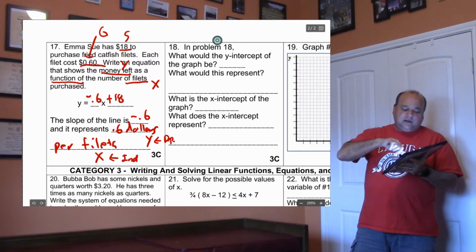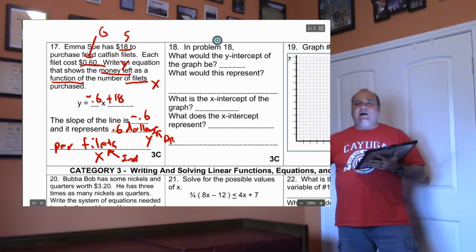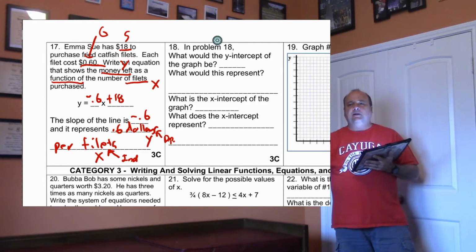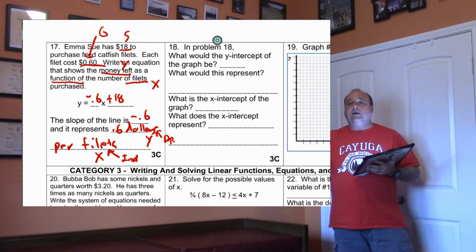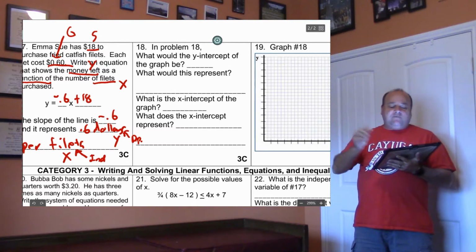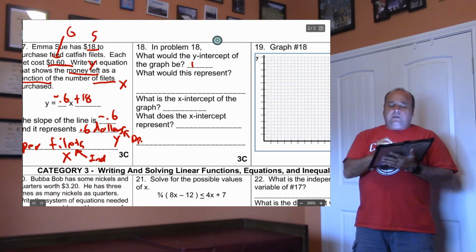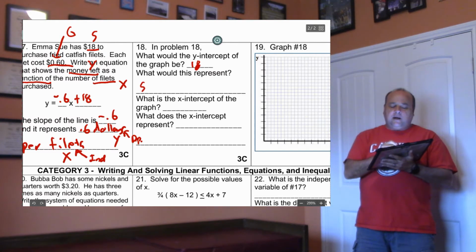When you get that y per x, you're identifying the independent and dependent variable. The amount of money depends on how much fillet she purchases. The y-intercept of the graph would be your starting number. It would be 18, the initial amount, or the starting amount of money.